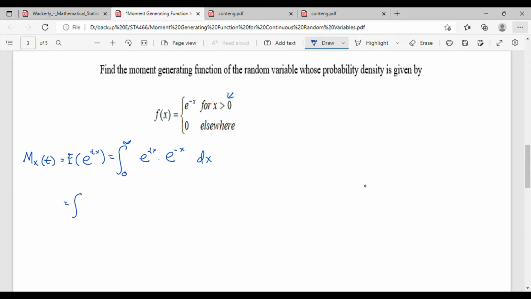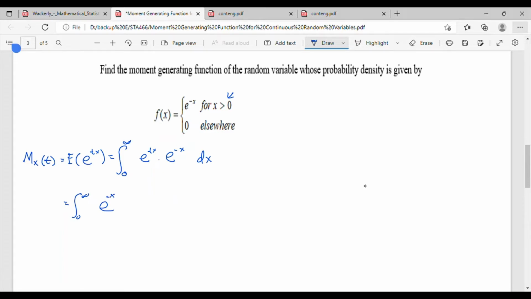Okay, so first thing first, we need to multiply the e^(tx) dengan a function e power of negative x. So apa akan jadi? Okay, so my advice is bila nak integrate exponent function, sebab exponent function ni dia punya interval adalah infinity. So bila you nak multiply the function, nak gabungkan exponent dengan exponent ni, keluarkan negative x kat sini.